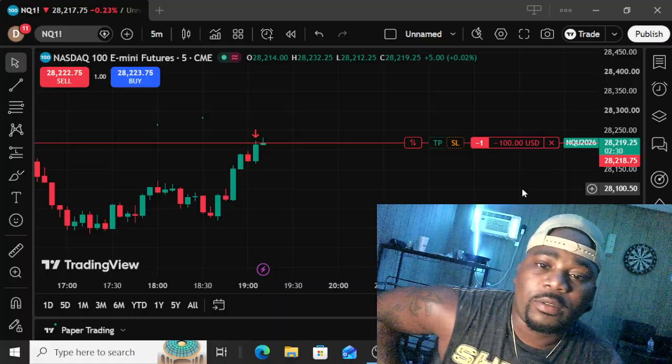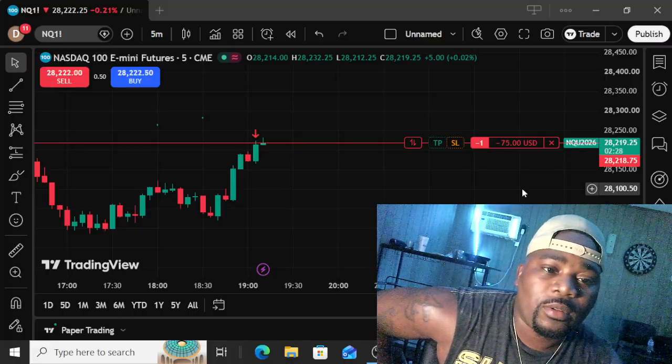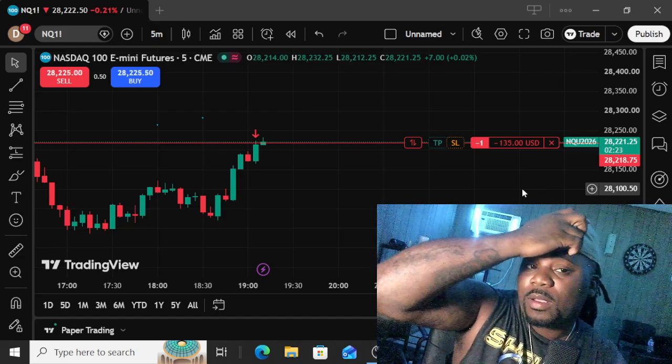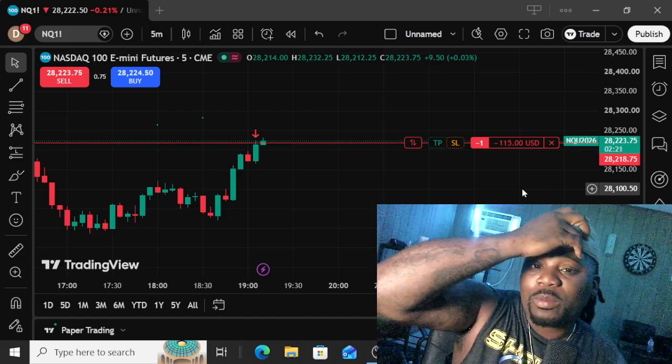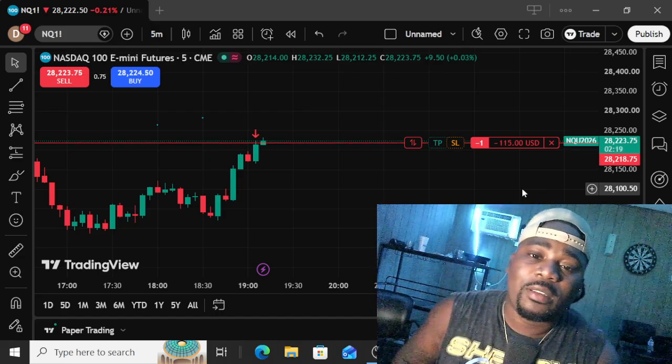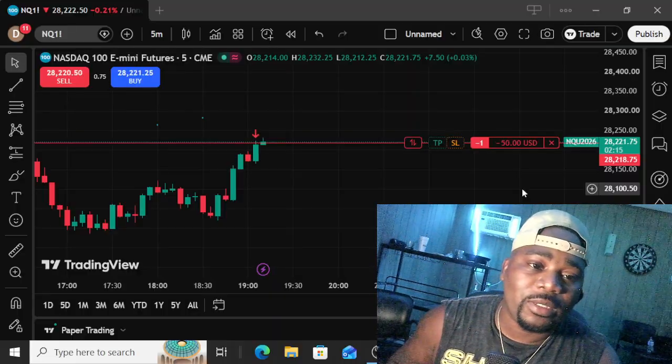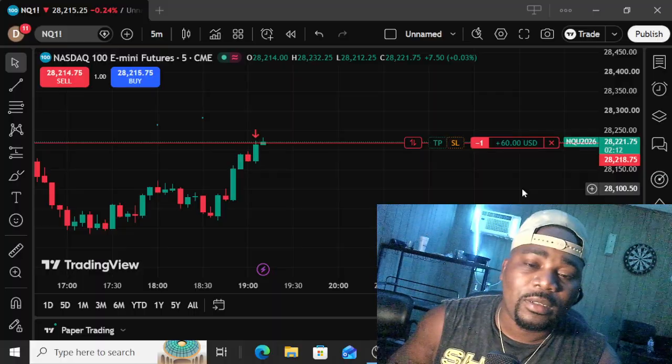We're going to see if it comes down. I don't have a stop loss on here because I'm teaching and I'm showing the basics. I don't want to confuse anybody, so I'm not really showing the stop loss.